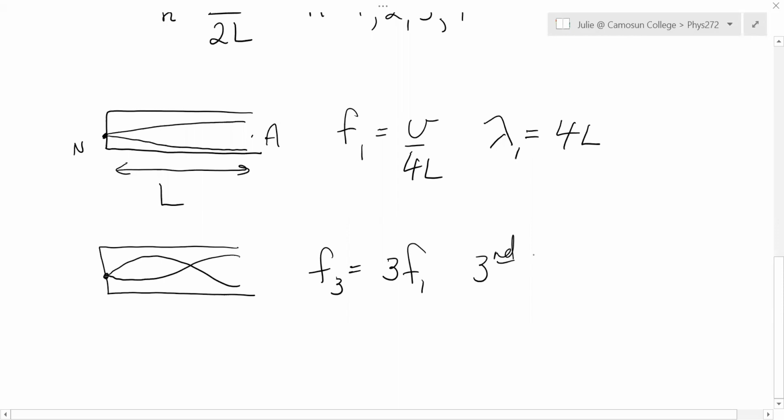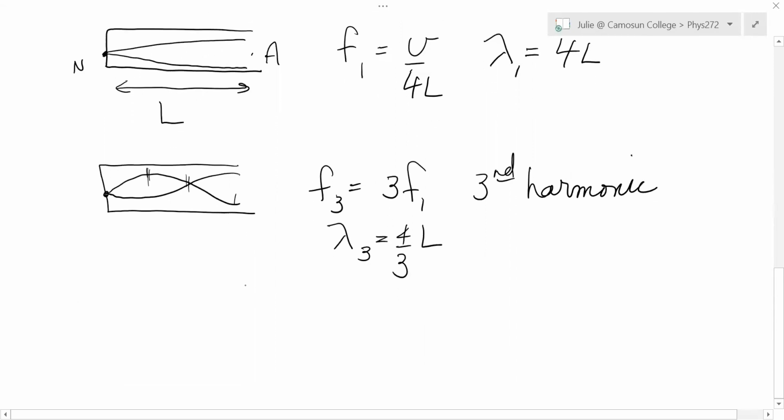So this is the third harmonic, and there is no second harmonic. All the harmonics are now odd. And so you can see that that's 3/4, sorry, it's 3/4 of a wave, not 2/3. There's a quarter from here to here, and then from here to here is another quarter, and then from here to here is another quarter. So it's 3/4. And so for the wavelength, you need 4/3 of L to fit a full wave in.